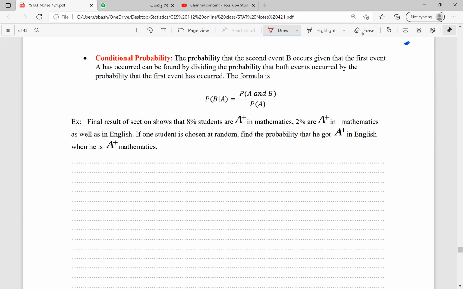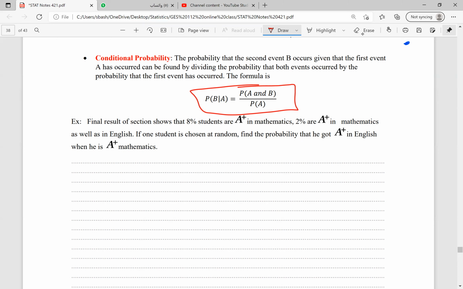The probability that the second event occurs given that the first event A has occurred can be found by dividing the probability that both events occurred by the probability of A. We say the conditional probability is given by this formula, P of B given A. This finds the probability of the second event given that the first event already happened.